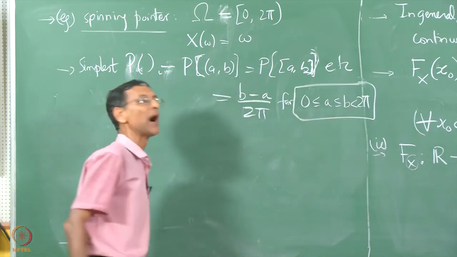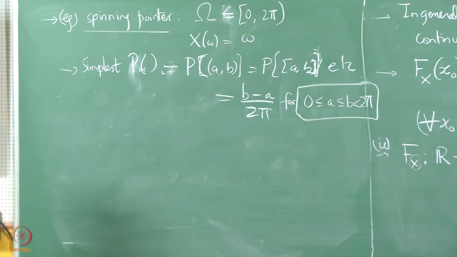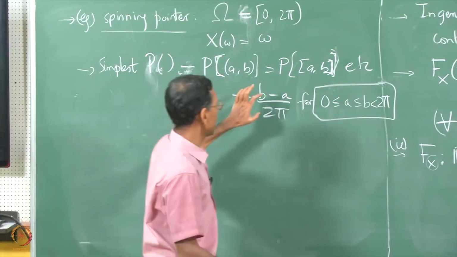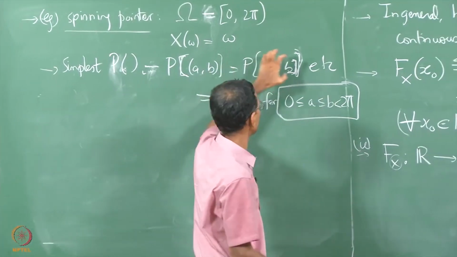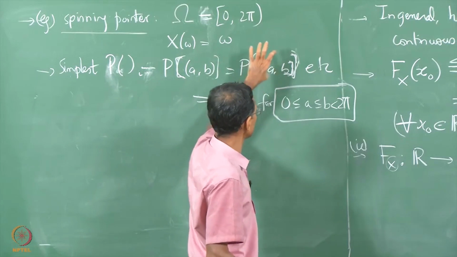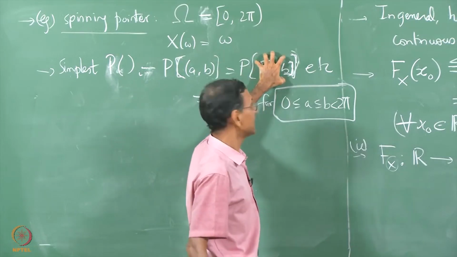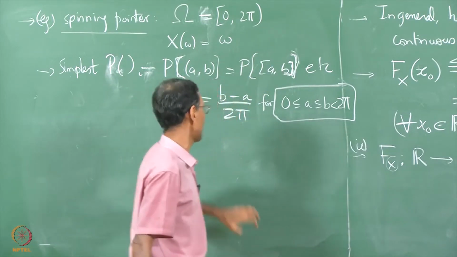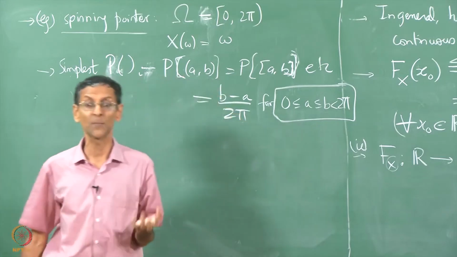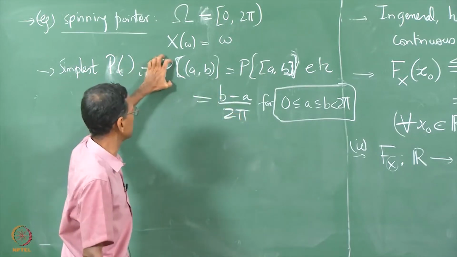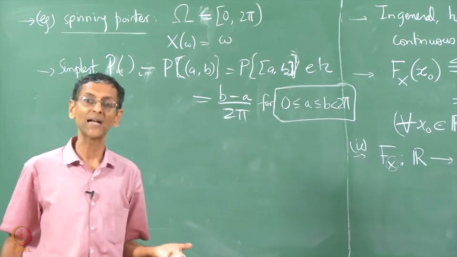So if I pick two angles a and b between 0 and 2 pi, I am going to say that the probability of observing that the pointer stops in that interval is basically b minus a divided by 2 pi. Why divide by 2 pi? Because it is a normalization. We want this probability to be between 0 and 1, or to have a maximum value of unity.